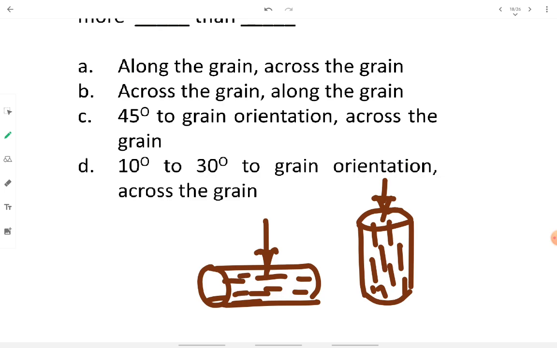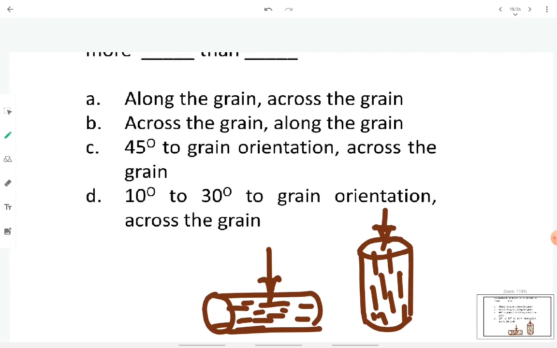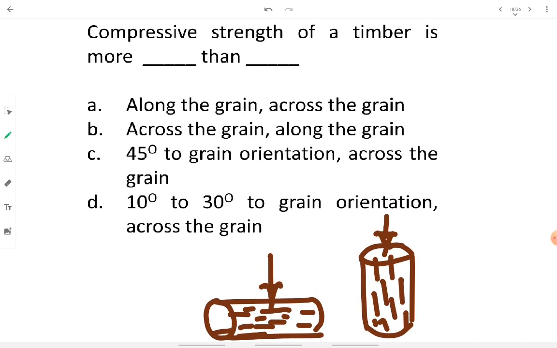When you test the timber for its compressive strength across the grain, the strength is not that much in the lateral direction. In lateral orientation, the grains do not possess that kind of binding, that cohesion between the grains. That's why when testing along the grain direction, you will have more compressive strength than across the grain.